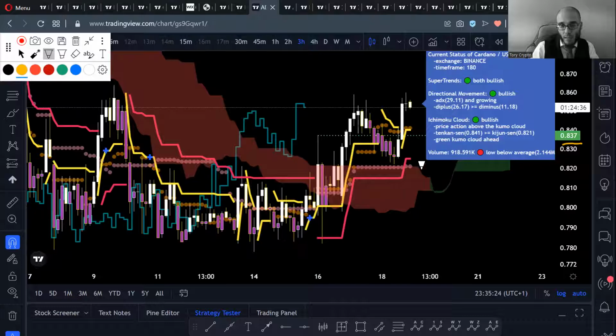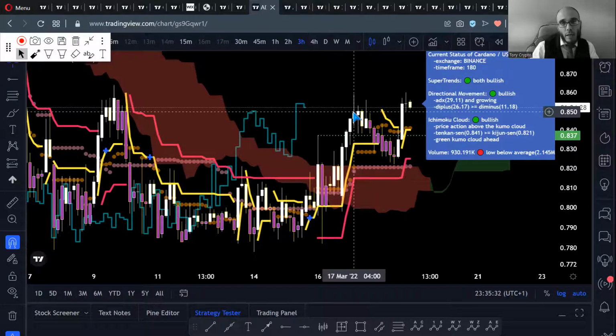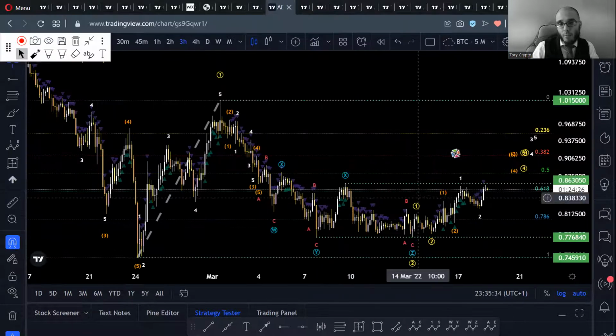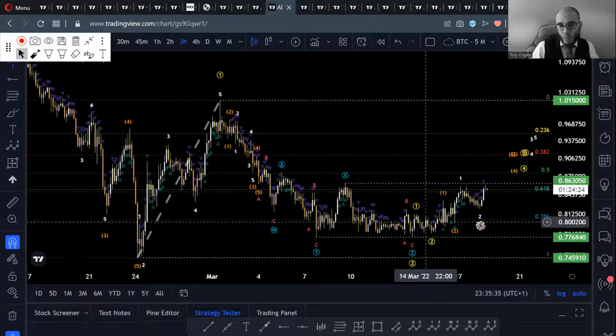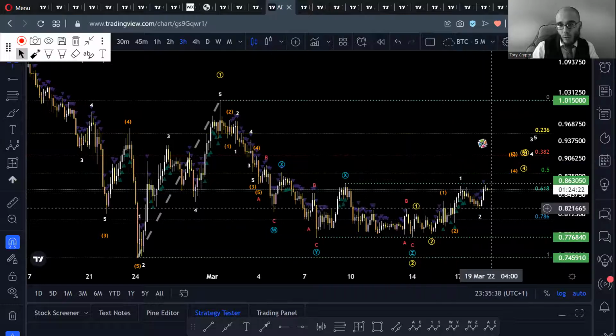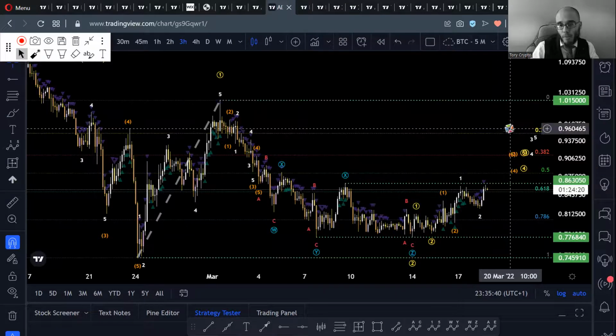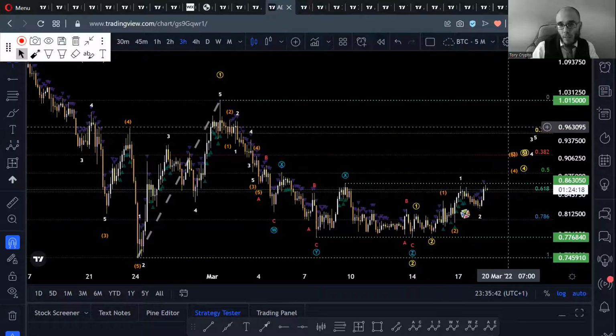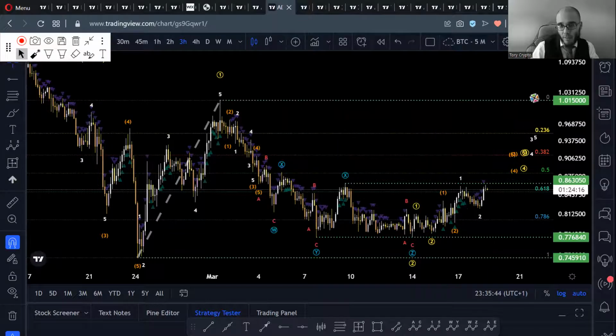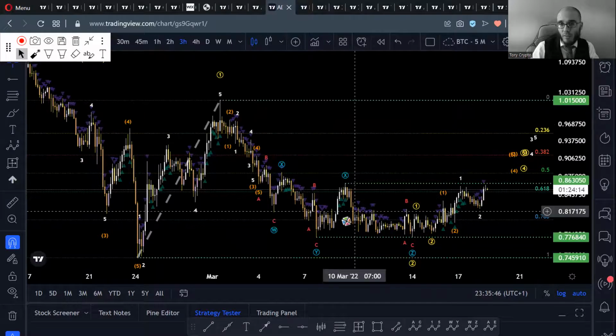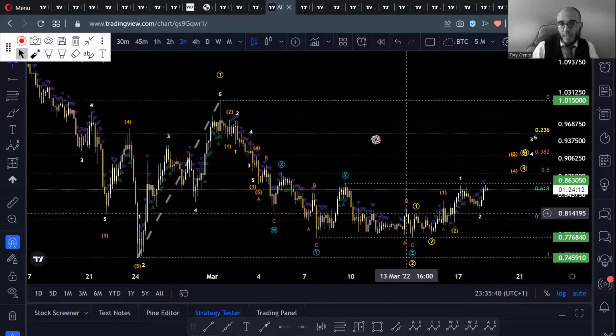And if you are trading Cardano, you would have entered, as I told you, at this level, a little above this level, and you would have a stop loss on this level. You would exit the position with profit normally as soon as Elliott wave tells you to exit. So you have 1, 2. So now you should have a wave 3, 4, 5, and then you get 4 and 5s until the first wave is over.